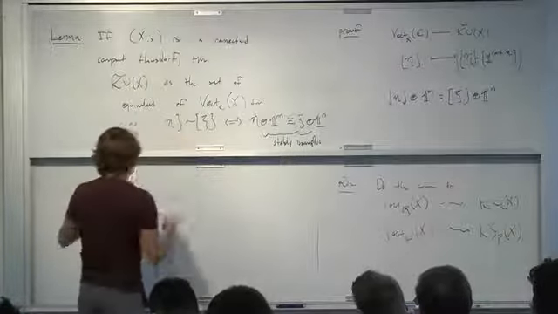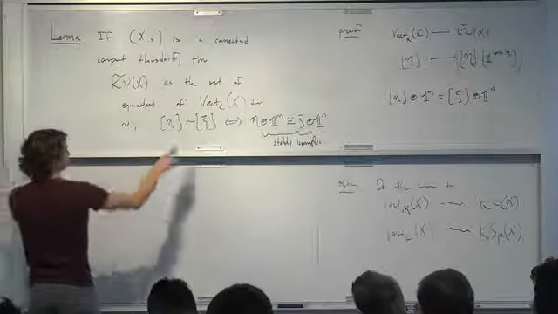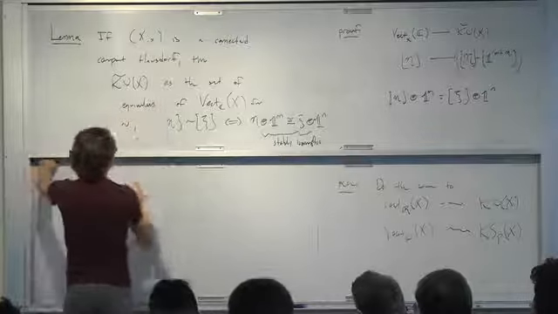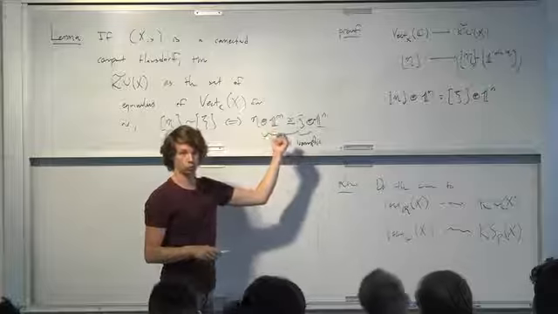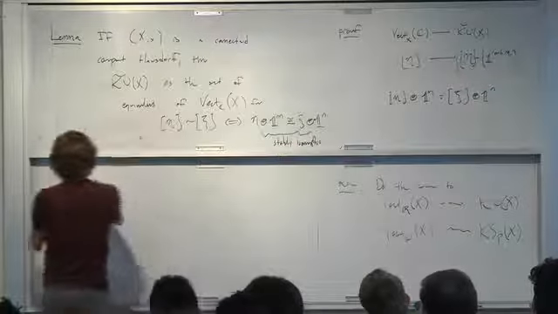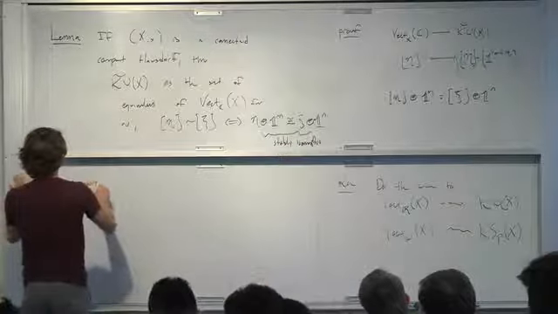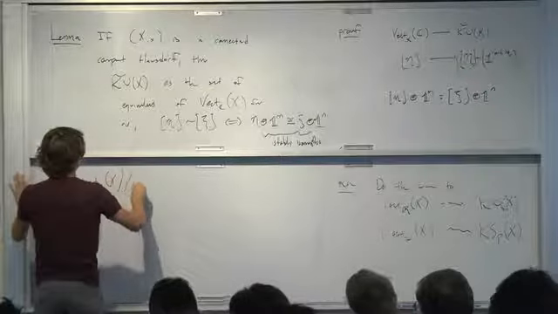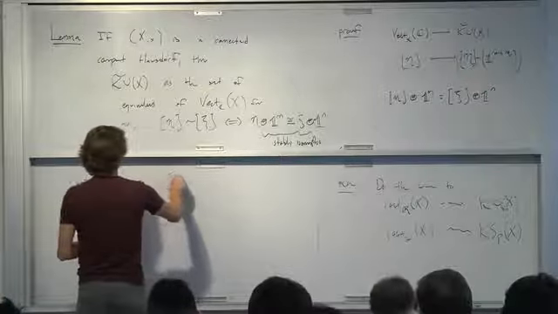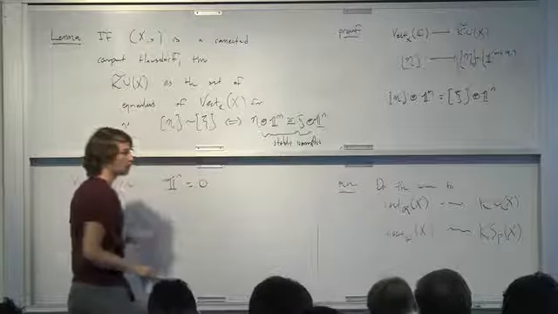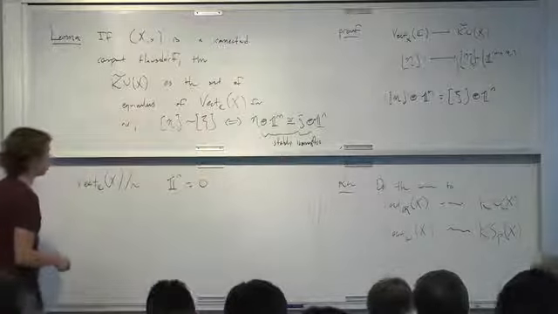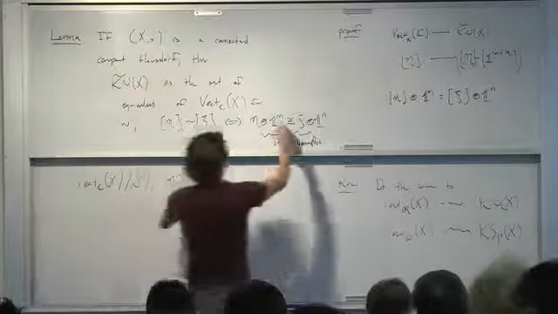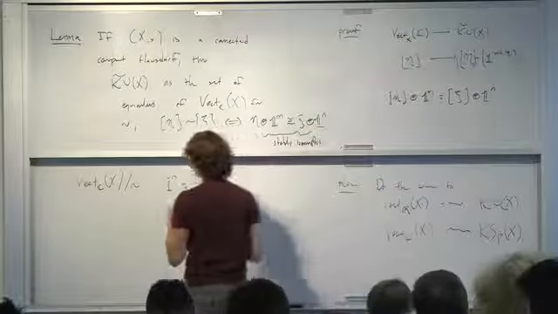Notice, modulo this equivalence relation, all trivial bundles are 0. So in Vect(X) mod tilde, 1 to the n is equal to 0, because it's an example of this equivalence relation, where m is 0 and n is n.